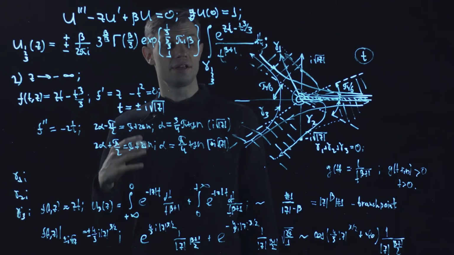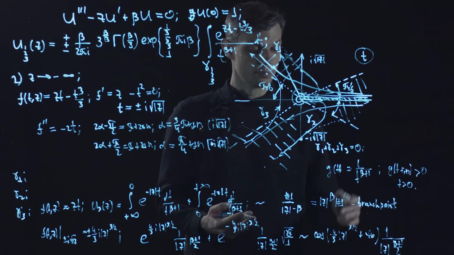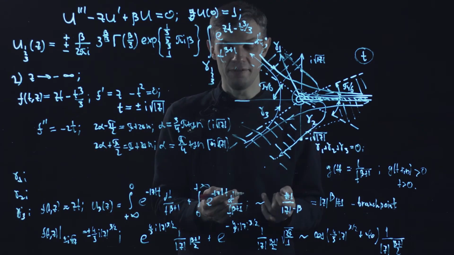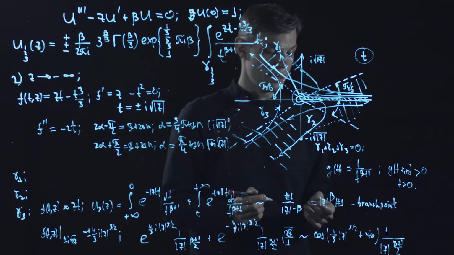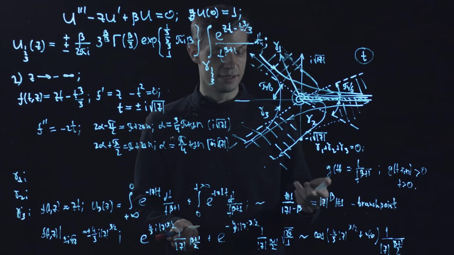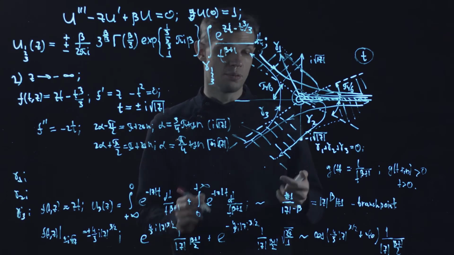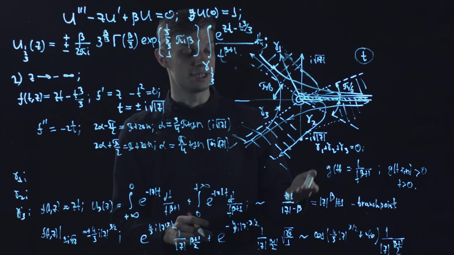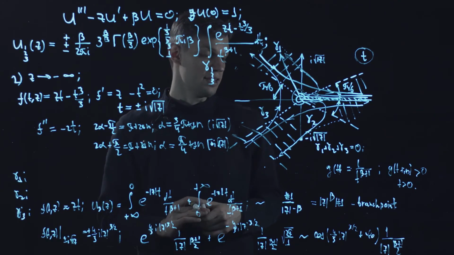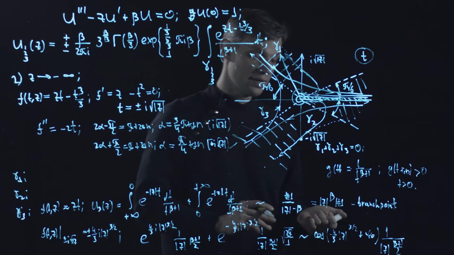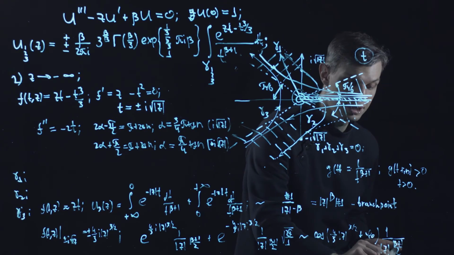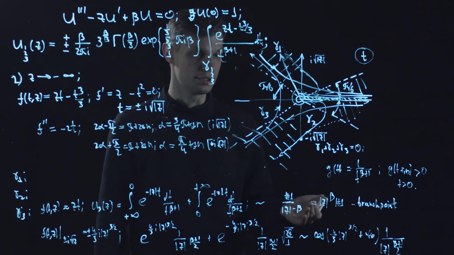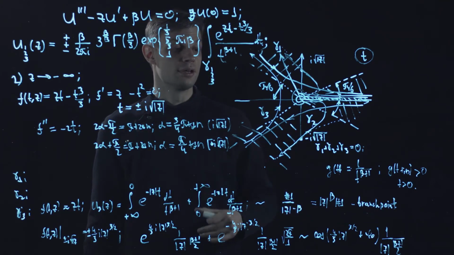So depending on the value of beta, we have different asymptotic behavior of our third solution. For example, if beta is positive, then the leading behavior will be defined by the branch point, and it's going to be just a power law behavior. But if beta is negative, then the principal contribution will be the oscillating cosine type contribution, which stems from the contribution of the saddles.